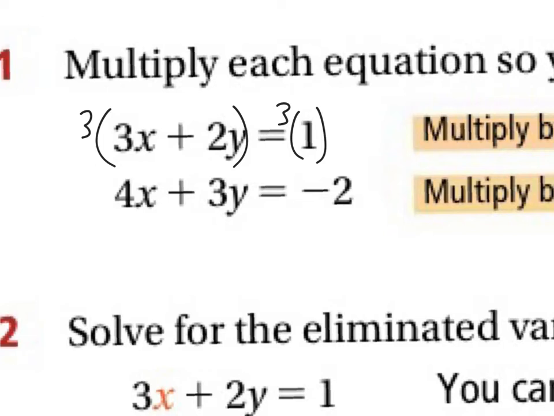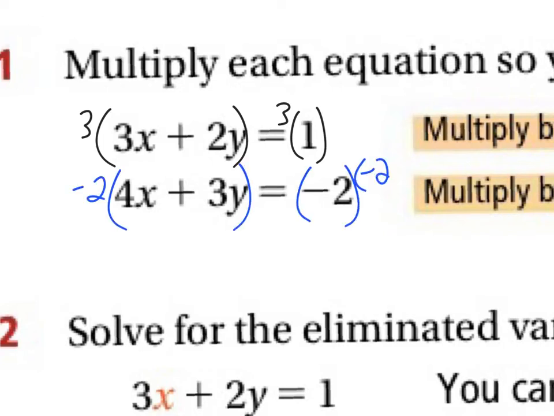If we have a 6y, what does our other coefficient need to be so those are going to cancel? And the deal is we need it to be the opposite, right? We've got 6, we need a negative 6y in order for those to cancel. So to get the y to be a negative 6, we need to multiply by a negative 2.